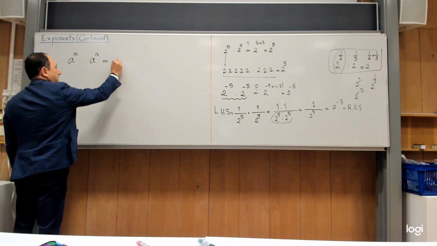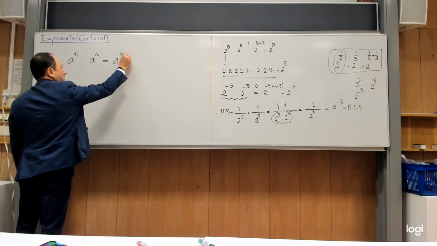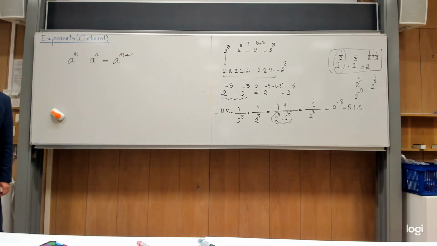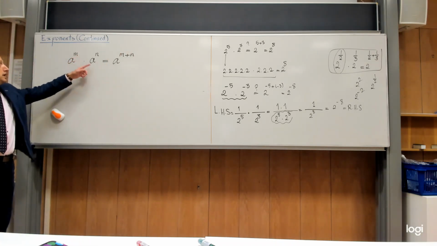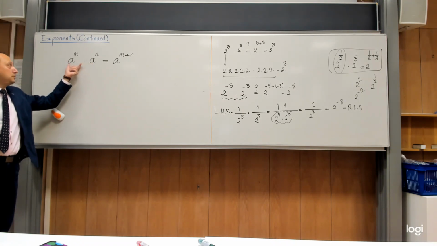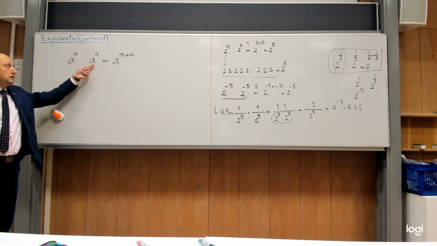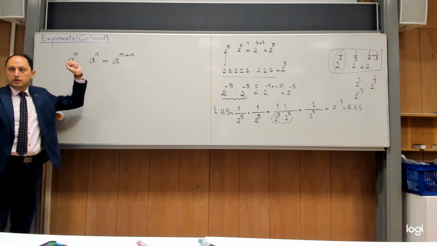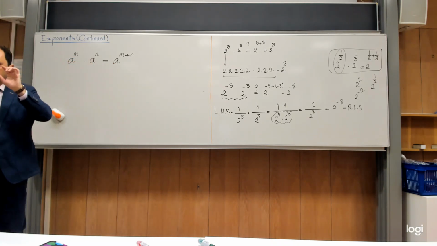I can write a to the power of m plus n. So if I have two exponentials with the same base, and I am supposed to multiply them, then I write the same base and I add the exponents. So what I told you is very, very important.